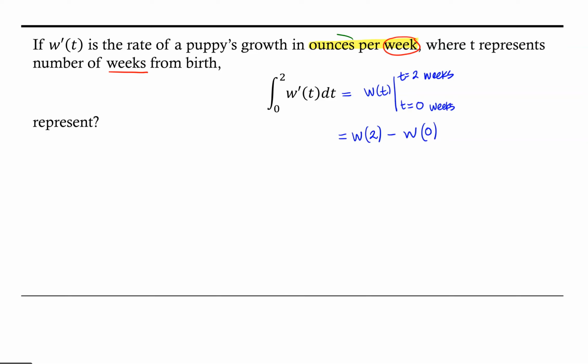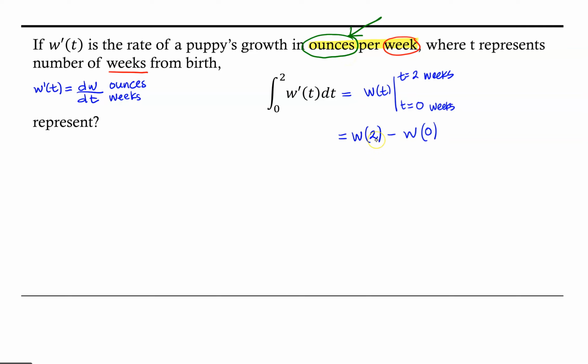Well, the units of measure for W are ounces, because we can think of W prime of t as being dW/dt, and t has units of weeks, and therefore W should have units of measure that are ounces in order for the rate we were given to make any sense.